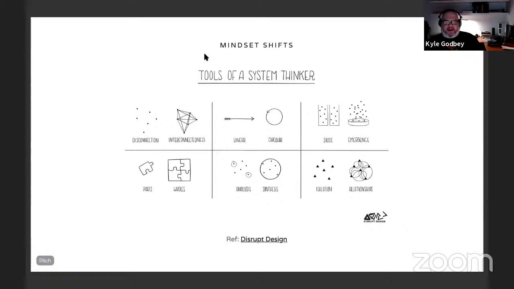So I've got a couple ideas, but I want to press on one of these first, because that linear to circular to me is just circular being linear by another name. I see people put loops in their experience maps and that sort of stuff and call it non-linear, but it's still extremely linear. The best way that I've heard this described is that in the Greek language there are two words for time.